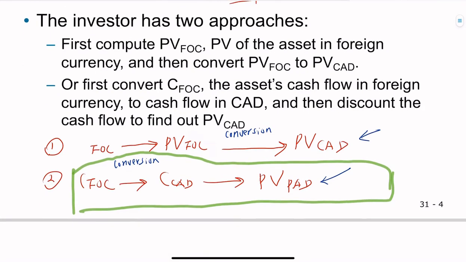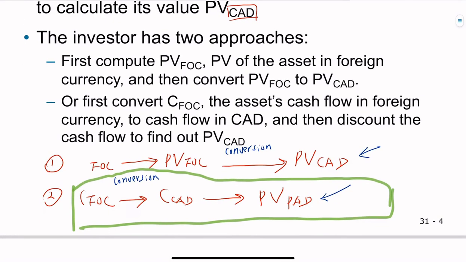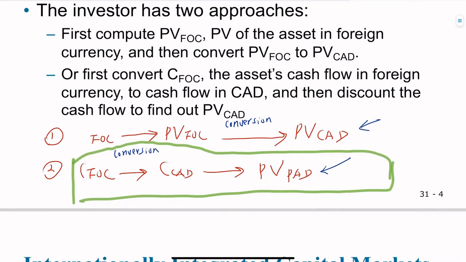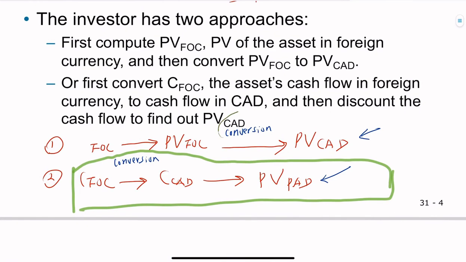So basically, you can think it's a two-step process, and there is always this currency conversion. And then the main difference is in which step this currency conversion would happen. So in the first case, the currency conversion happens in the second step.